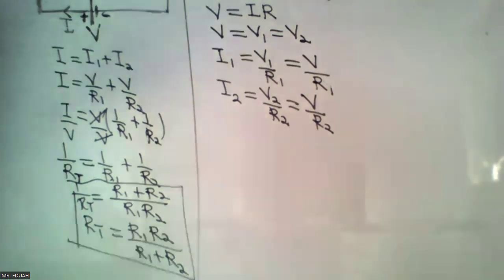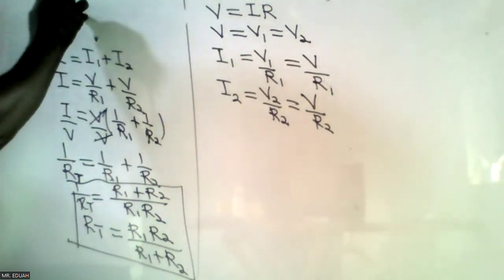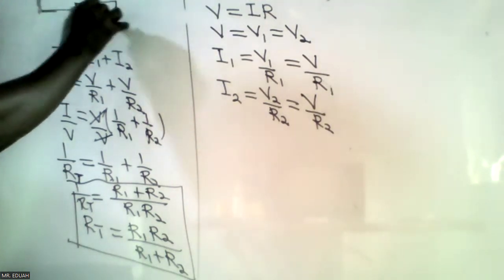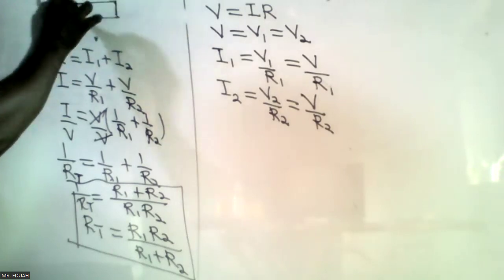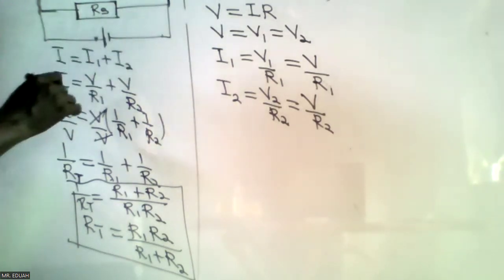So your work is this. Instead of 2, you are given 3. We have R3 here, connected to a source of EMF. How do we obtain the total resistance?